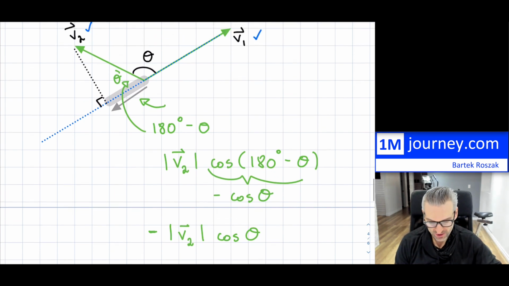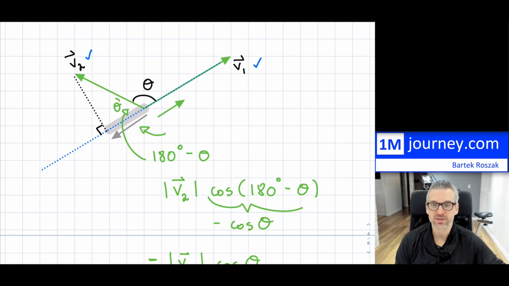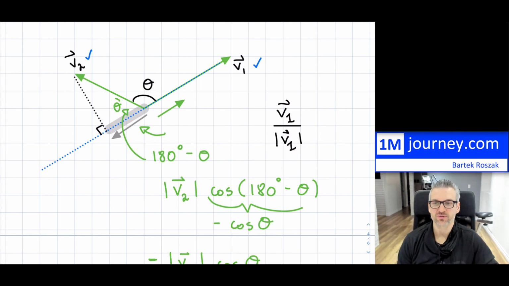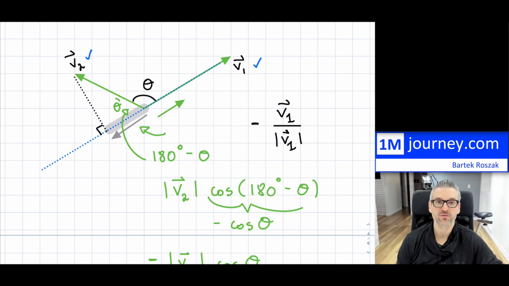Notice right here, we're no longer going in this direction. We're going in the opposite direction. Well, we know that the unit vector was V1 divided by the magnitude of V1, but that had the same direction as V1. Our unit vector now is in the opposite direction, so we do have to have a negative in front. So it's the opposite.